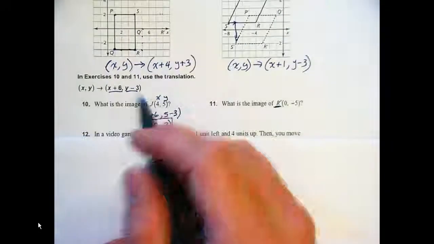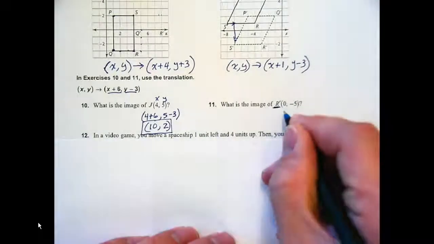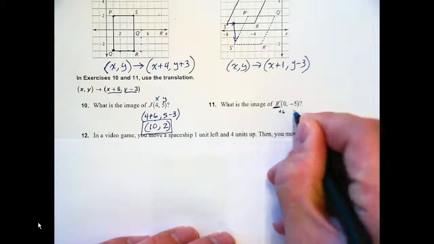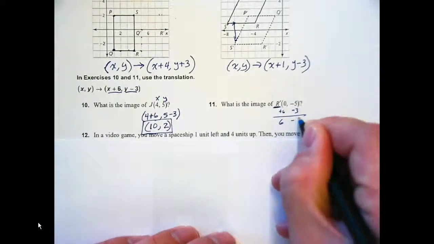Oh, okay. Yeah. 6, -8. How many got 6, -8? Okay, so everyone added 6, and then they subtracted 3. 6, -8. Anyone get something different?